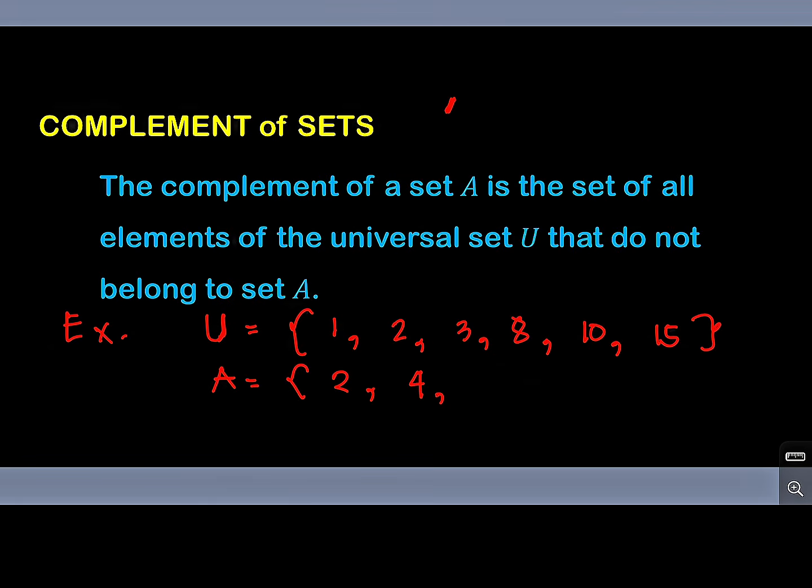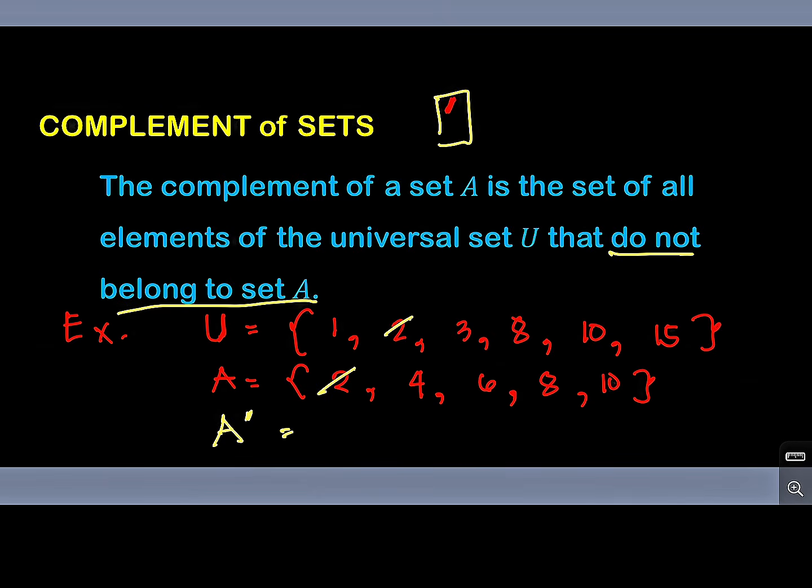Here, the universal set has the set 1, 2, 3, 8, 10, and 15. For our set A, we have the set of 2, 4, 6, 8, 10. So the complement of set A are those elements that do not belong to set A, or it's just the opposite.